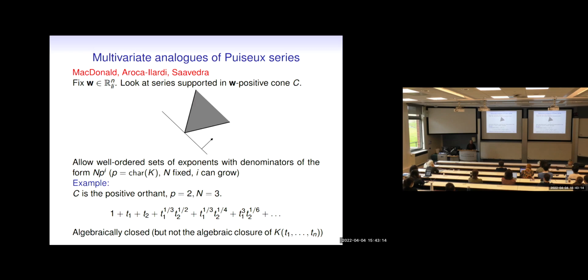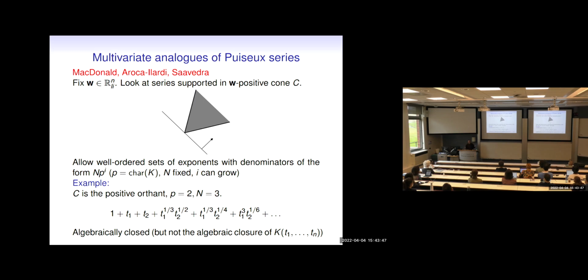An example would be, in two variables, my cone C is just the positive orthant, and choose your favorite two positive irrational numbers, 1 and pi, as my W. Then I take a series where the rule is now my exponents have to live in the positive orthant. This is the case where p is 2 and n is 3. So again, the denominators of my exponents are all 3 times a power of 2 as we go.